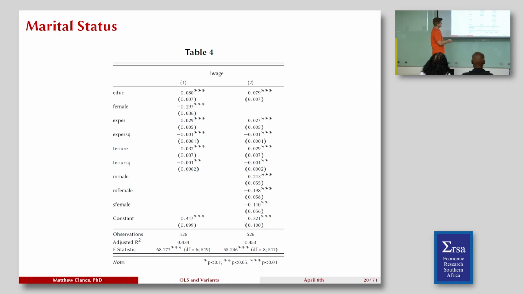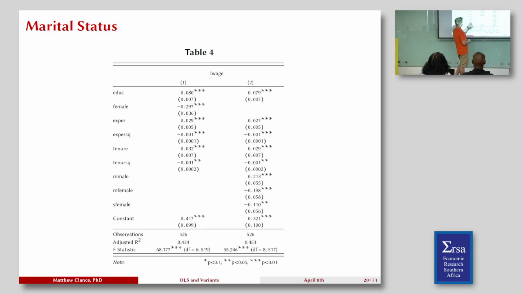And then what we're finding is, okay, we'll call this the restricted regression, where we didn't control for your marital status. And then we have one that controls for marital status. When we do this, we have to remove female because it would be collinear otherwise.